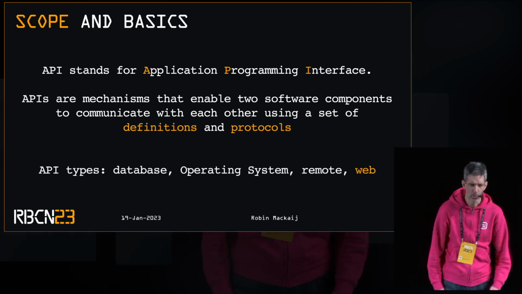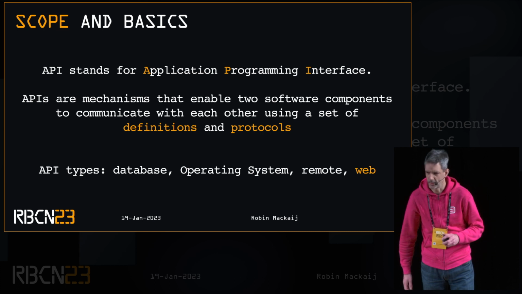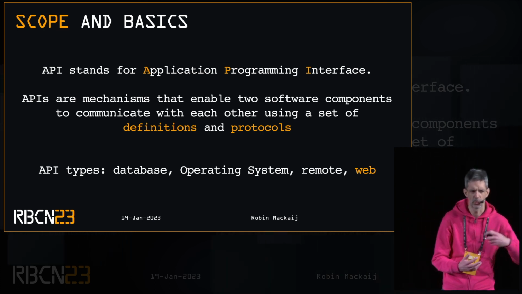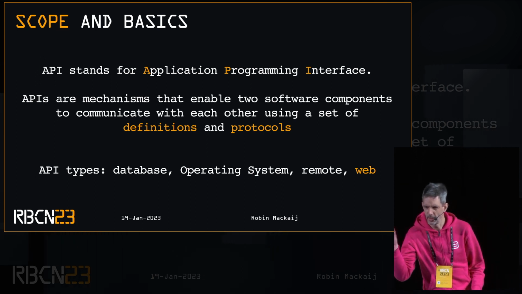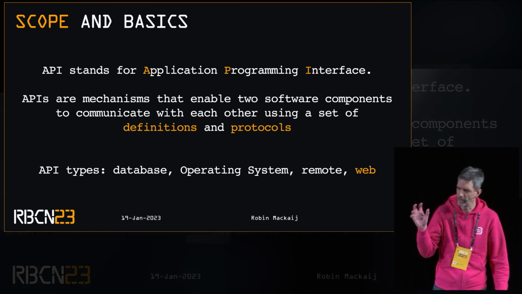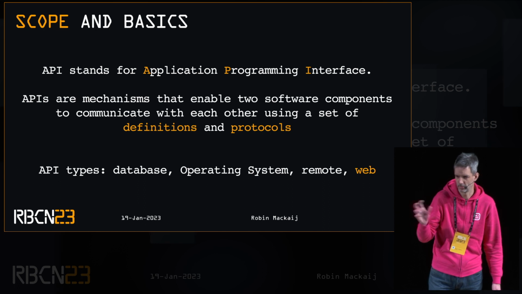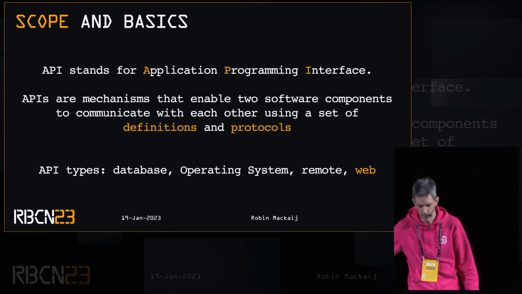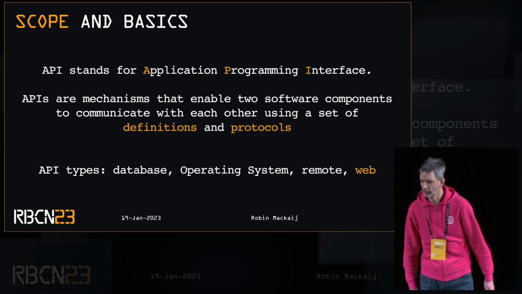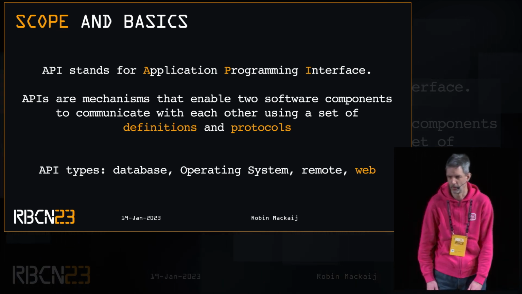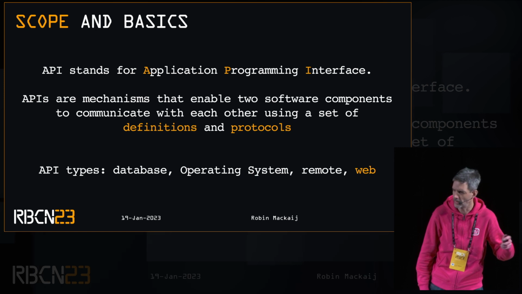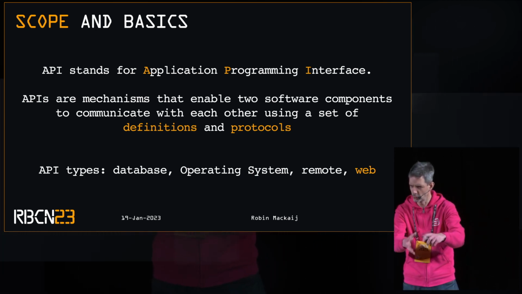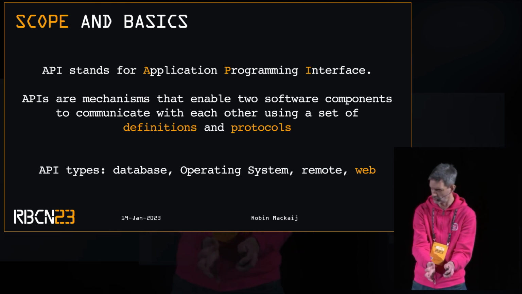Now, we have a number of types. If you talk to a database, you probably have a database plugin, and that's an API, because that plugin is software that talks to other software, the database. The same for your operating system. A Win32 DLL is an API, because it's a thing that you can talk to. It's software that talks to other software.